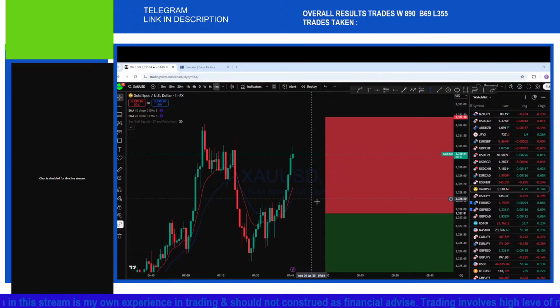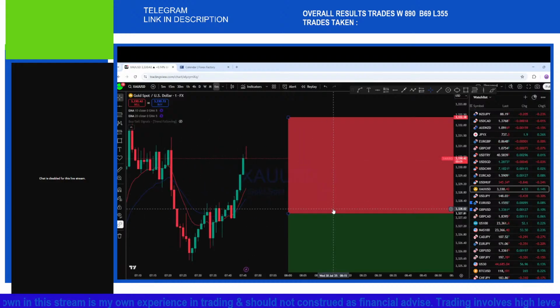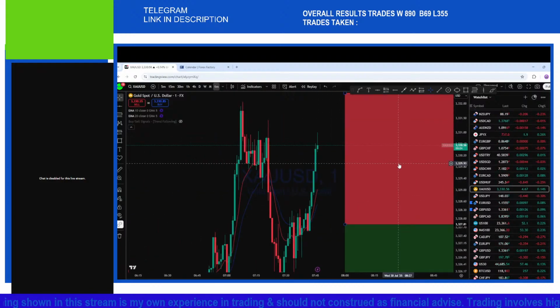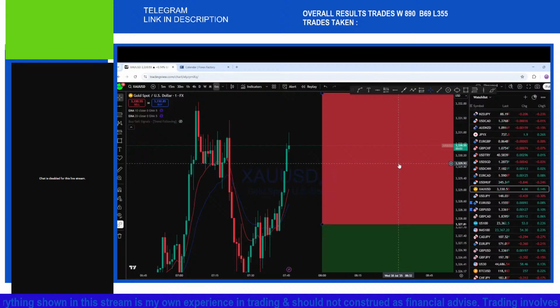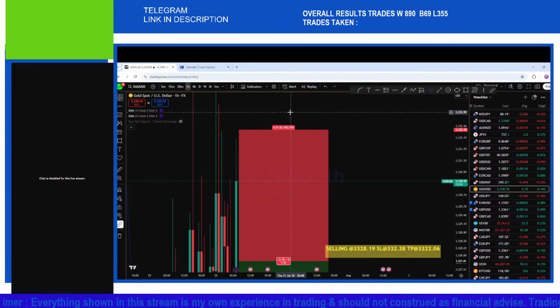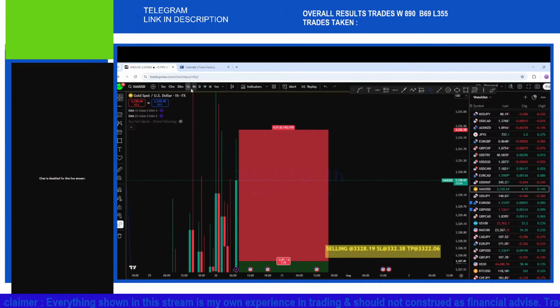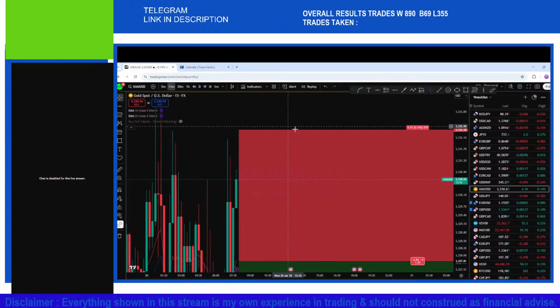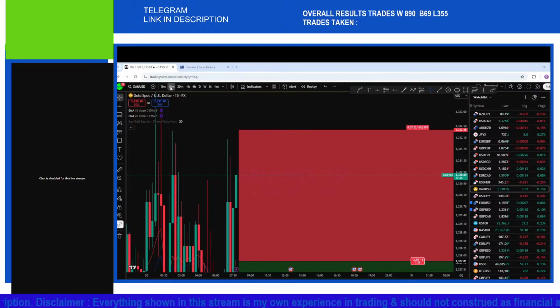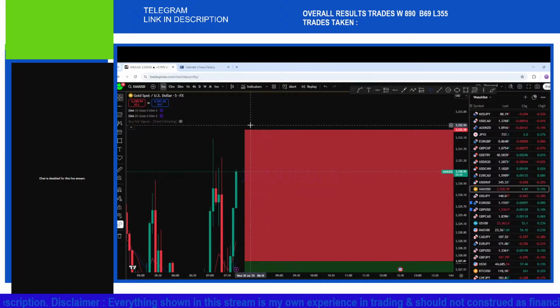We are almost at the top of this level, and here is a bearish move.